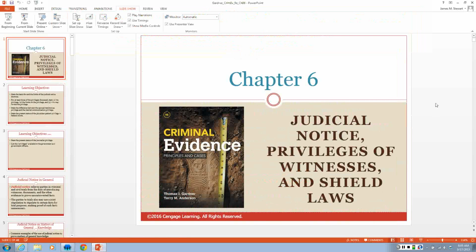We don't have a slide in regard to shield laws, but I want to talk for just a minute about shield laws. Find it in the textbook here. So something I wanted to bring up in regard to that. Typically, shield laws are laws that some states have passed that allow for certain witnesses or victims to be protected.